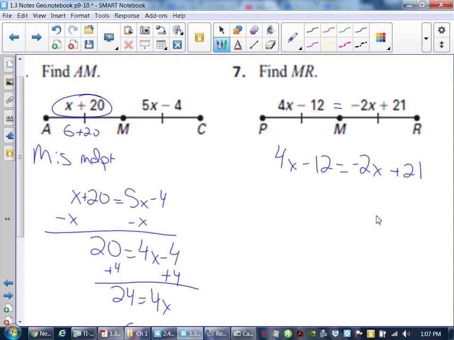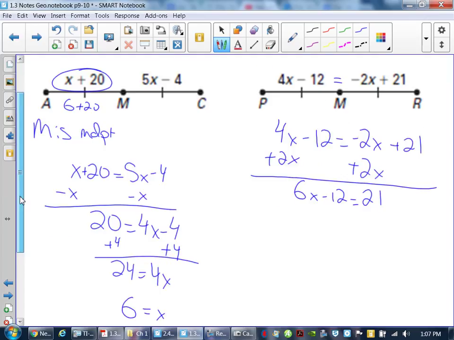Yeah. If you keep following the idea of picking on the little guy, you're going to wind up with a positive value. So how do you move a negative? You add. So we add the 2x over. 6. Now what? Add the 12. Good, good. Add 12.